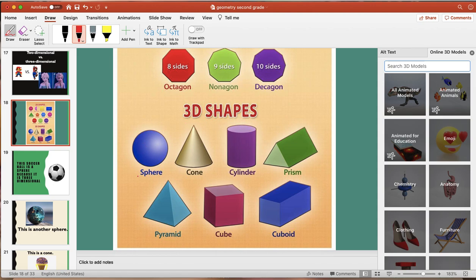So we have a sphere, a cone, a cylinder, a prism, a pyramid, a cube, and a cuboid. We're going to be reviewing these new words that we just learned.